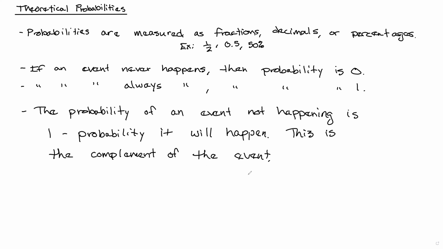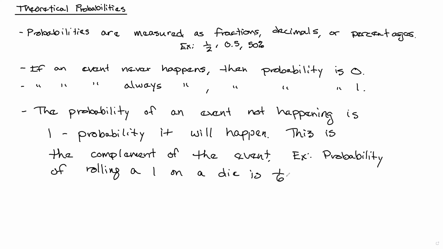So for example, the probability of rolling a 1 on a dice is 1 in 6, or 1/6.